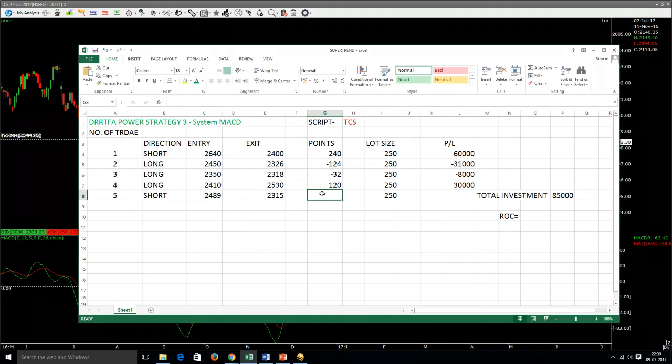Our points are our entry minus our exit, which is 174. So our total profit loss is equal to our lot size into our points, which is this.